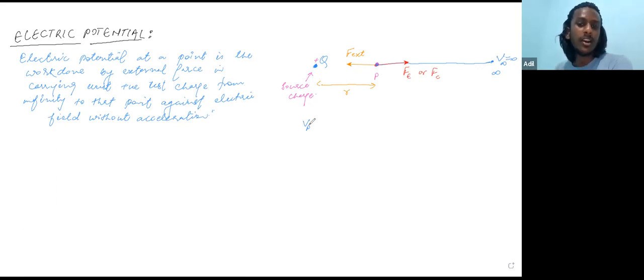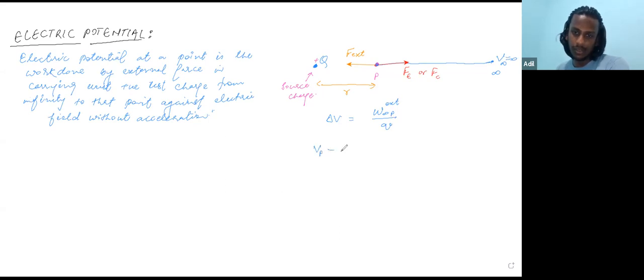So we can write here your potential difference, your delta V. We have this equation: delta V is equal to minus of W external, infinity to P external over Q. What is your delta V?